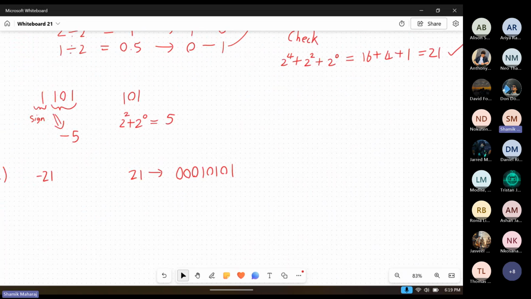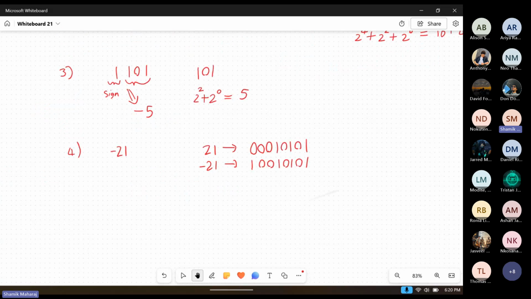That's 21. So now you can imagine that negative 21 is simply going to be the same thing, but now the first bit is a 1. That's the only thing that changes. So that's negative 21 using a simple sign bit. All right, important that we remember these words because there are different methods to represent negative numbers.